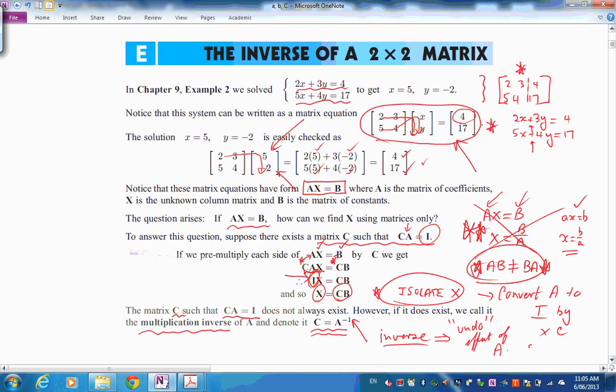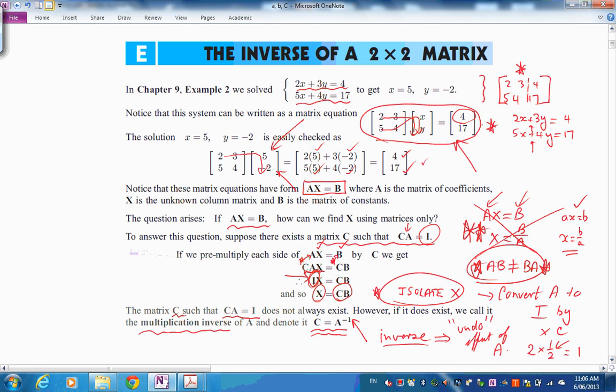If you have a real number 2, you want to remove it and make it 1, you multiply it by a half. That's the multiplicative inverse. Multiplying by a half converts it to that special number 1, which is the multiplicative identity. And that's what we're doing here, converting A to an identity.